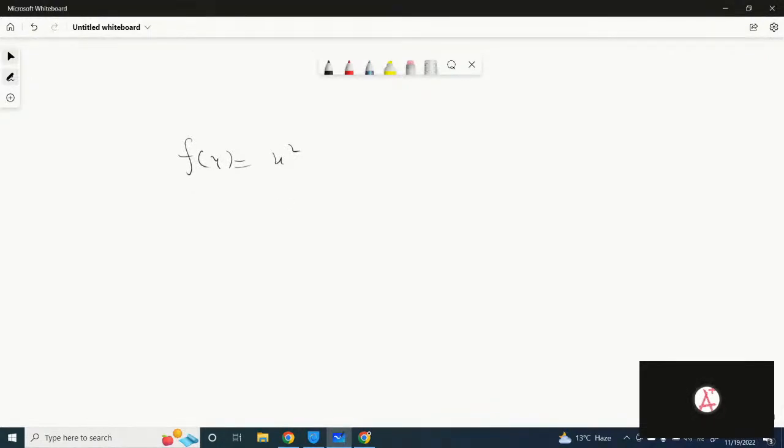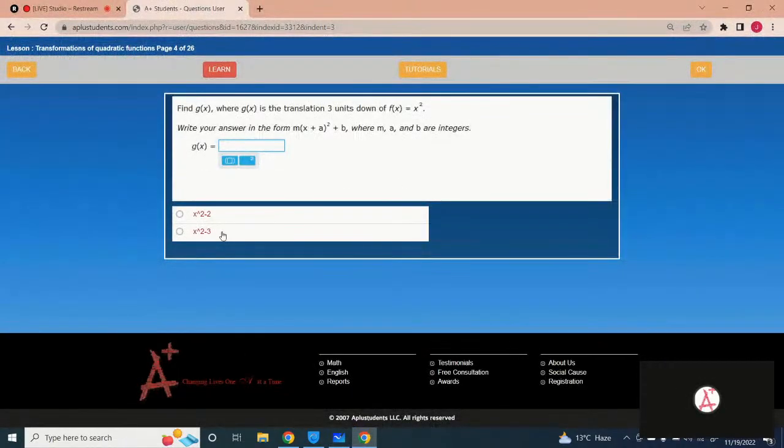Translate down means you have to do f of x minus k. Got it? So 7 unit down would be x square minus 7. Sorry, 3 units down, it would be the second one. I thought it's 7.